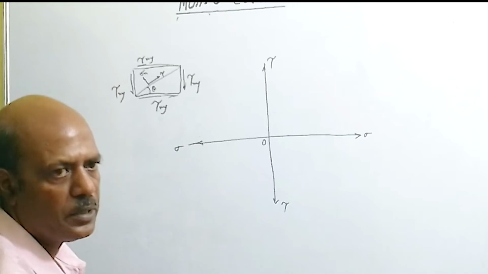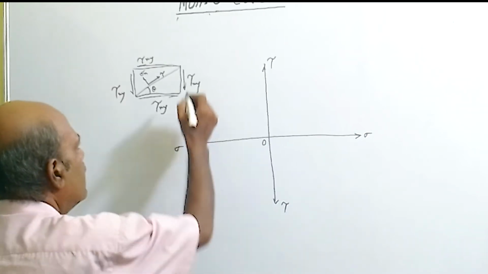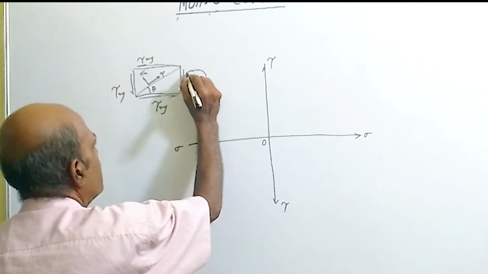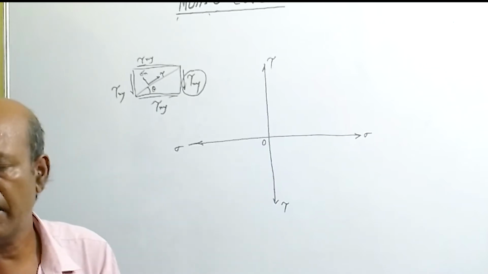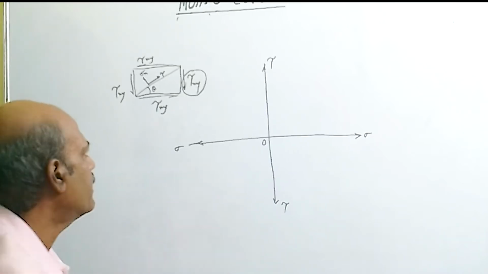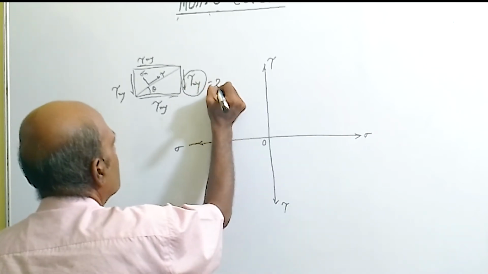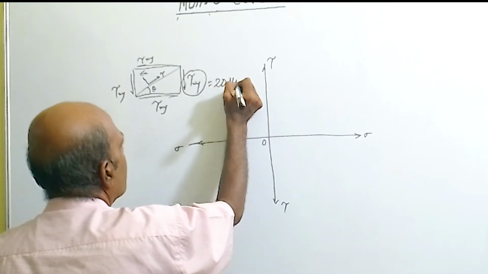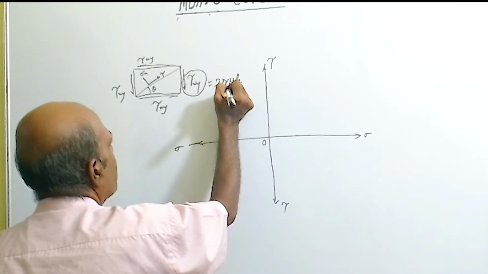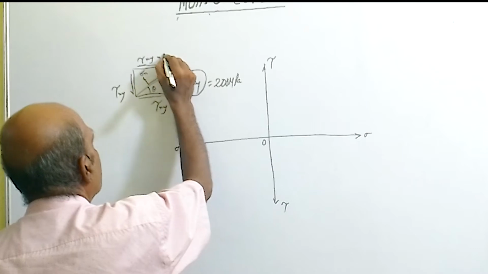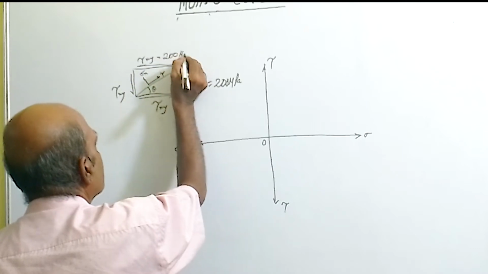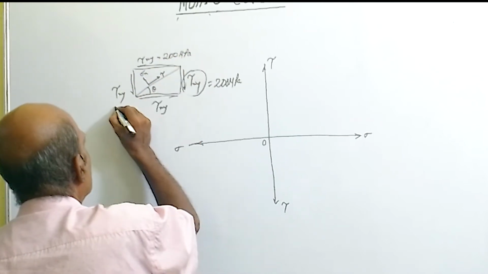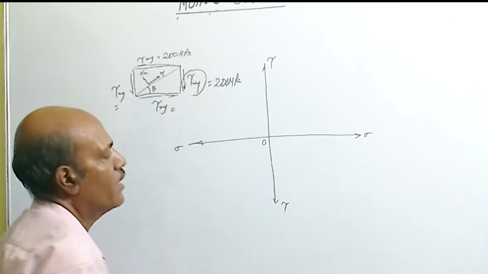Okay, now go to x phase. What is the stress condition? Sigma x is 0 and sigma y is 0, with tau xy negative. So we are considering tau xy equal to 20 megapascal, or 200 megapascal, sorry. Tau xy is equal to 200 megapascal, so this one also 200, this one also 200 megapascal.